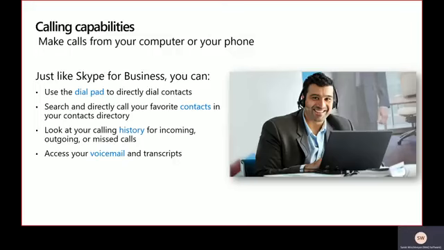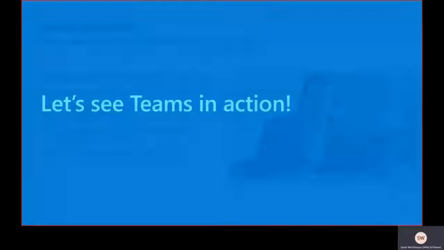Well, you actually have a calling portal built into Teams, and it's very streamlined, simple to use. It allows you to dial out or access contacts, search your history, check your voicemail, audio transcripts, that kind of thing too. So again, nice clean interface, easy to use. And with that said, let's go ahead and just take a closer look at this in Teams. Let's see this in action.